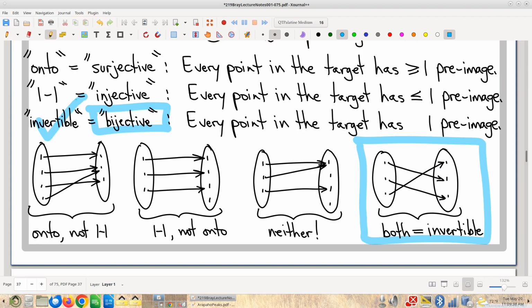Instead of thinking of this as a function where the arrows go that way, you could just say, hey, let's just turn those around. That then would be the inverse function.